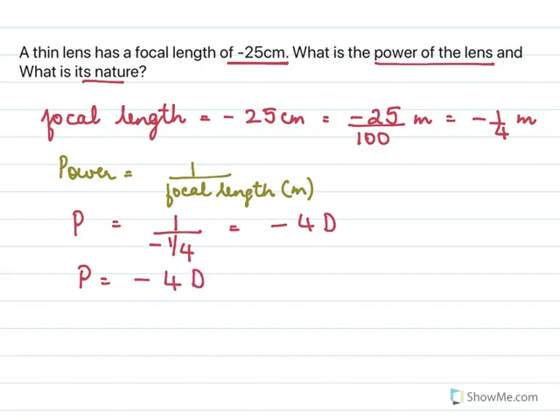The very fact we got negative here, it must be concave lens. Concave lens are diverging lens. So this is a concave diverging lens with power 4 diopters.